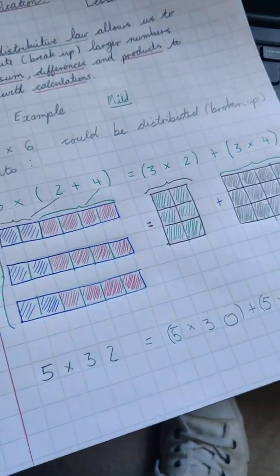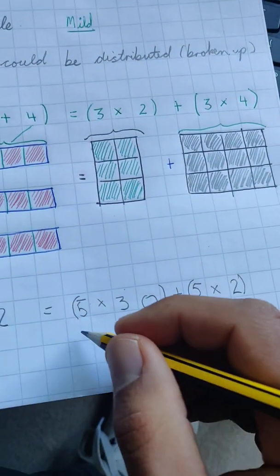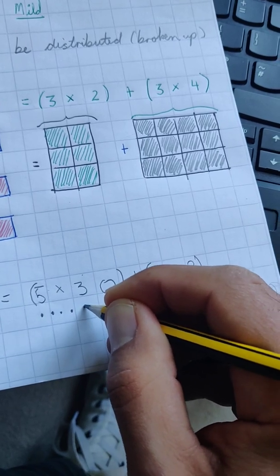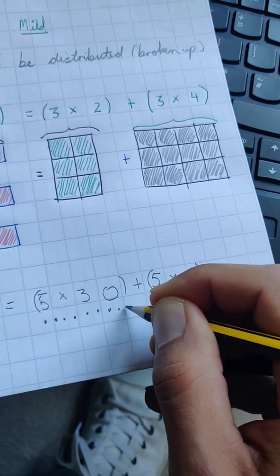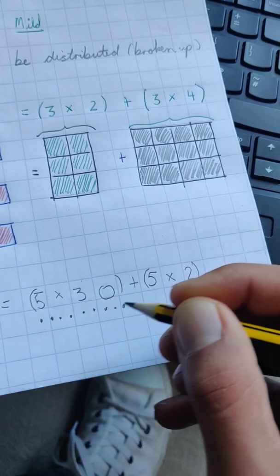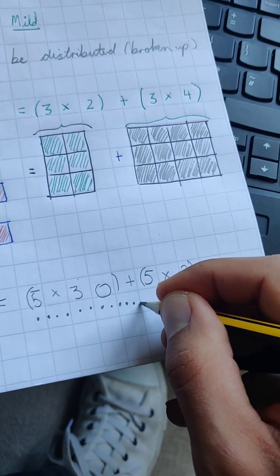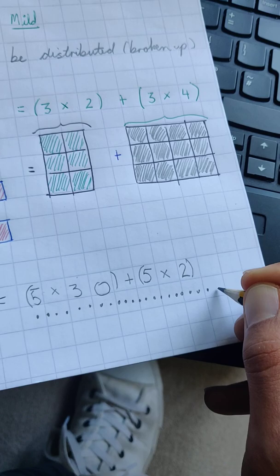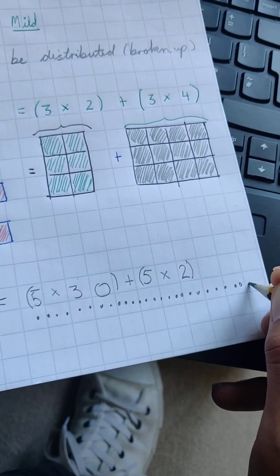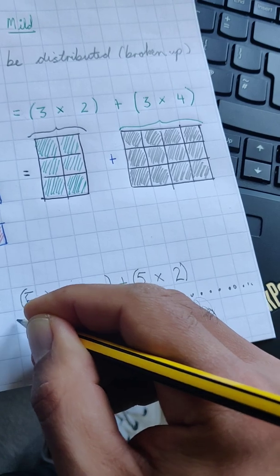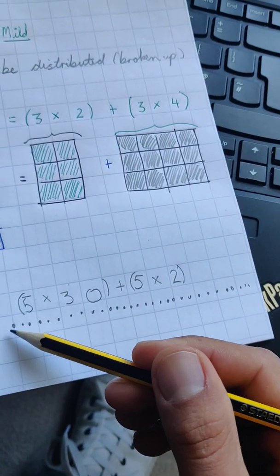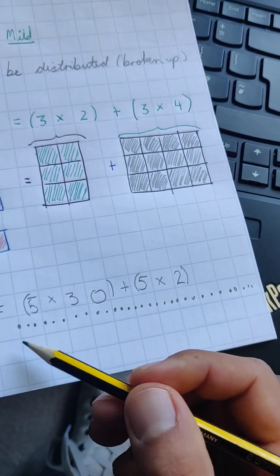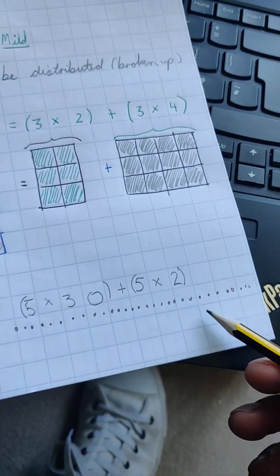So for example, you can go 1, 2, 3, 4, 5, 6, 7, 8, 9, 10, 11, 12, 13, 14, 15, 16, 17, 18, 19, 20, 21, 22, 23, 24, 25, 26, 27, 28, 29, and 30. And now I will need to do that 5 times because I have 5 lots of 30. And that could be one way of representing that.